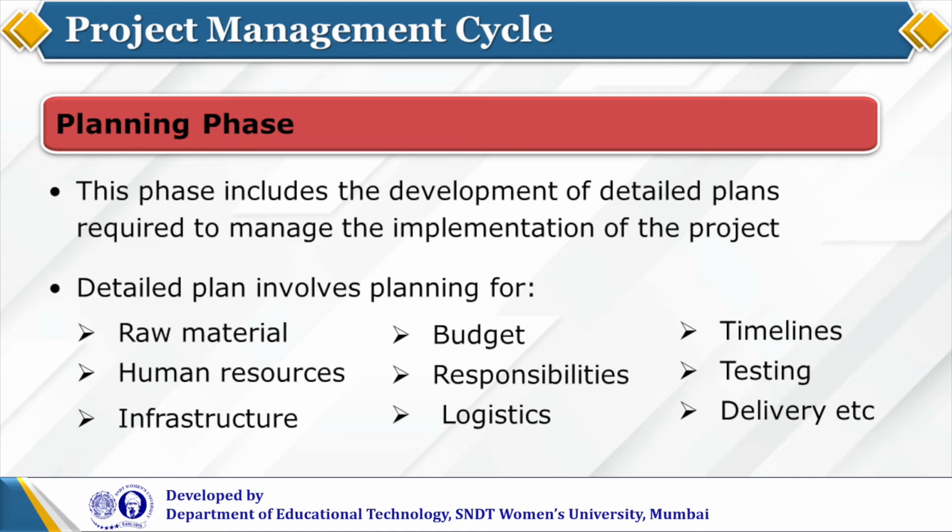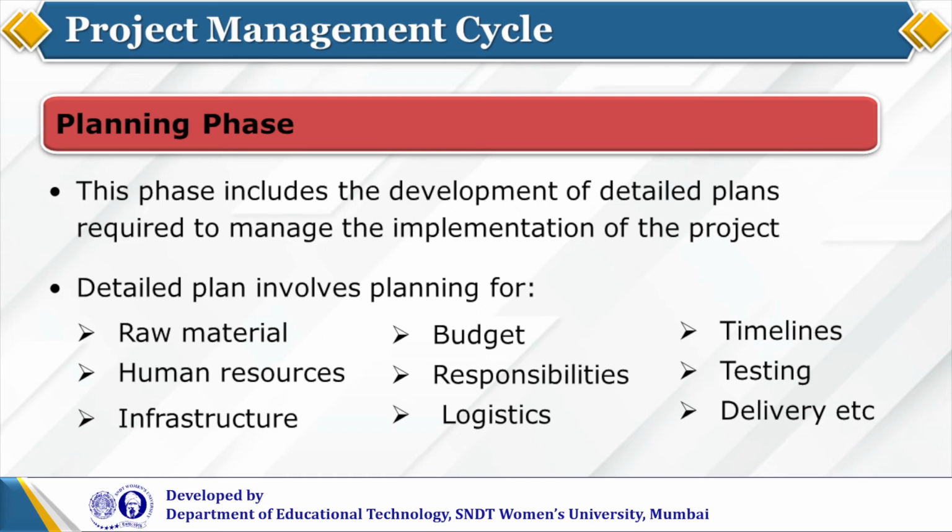What happens in the planning phase, which actually talks of nuts and bolts? How many teams will be required, how many supervisors, how many engineers, how many architects, how many laborers, how many machinery operators will be required, when they will be required, what they will do, how much time they will be required.